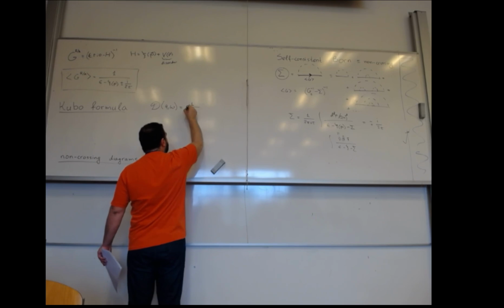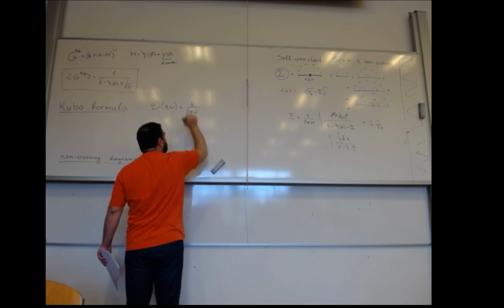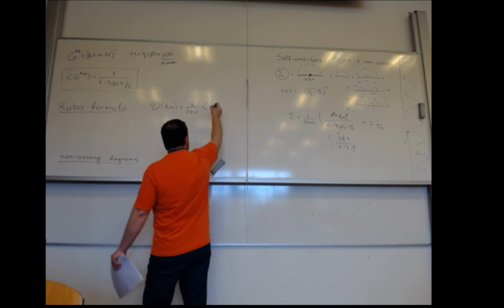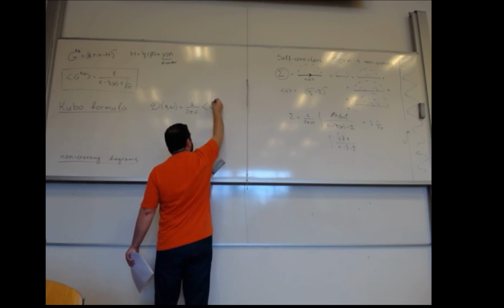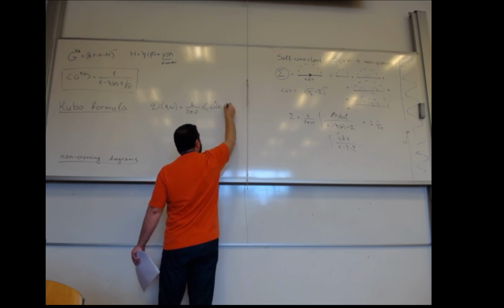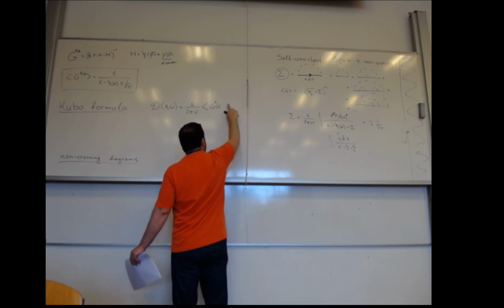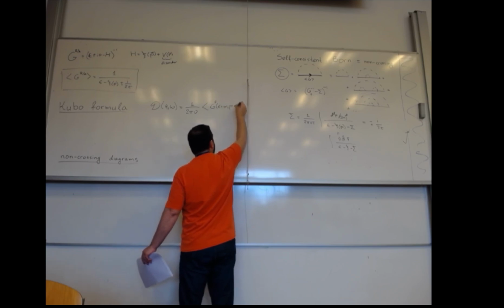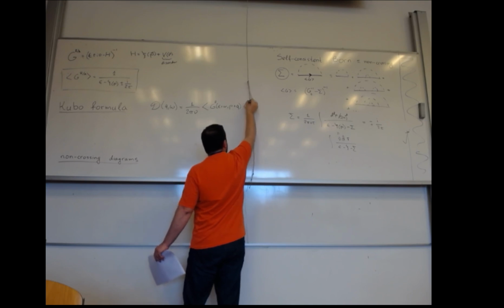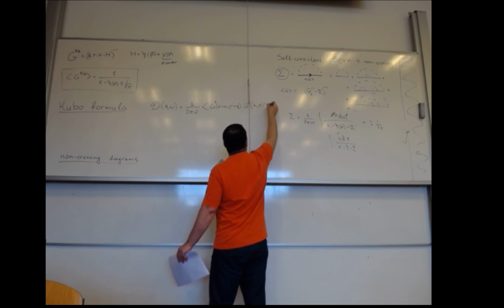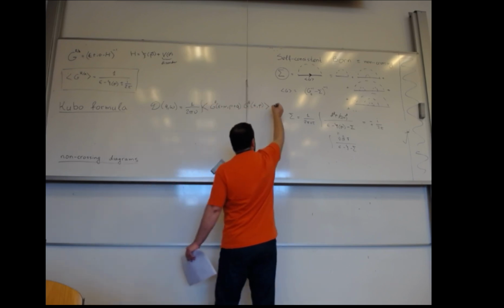It's 1 over 2 pi mu, the average product of two Green functions: the retarded Green function of energy epsilon plus omega and momentum p plus q, times the advanced Green function of epsilon and p, integrated over all momentum.